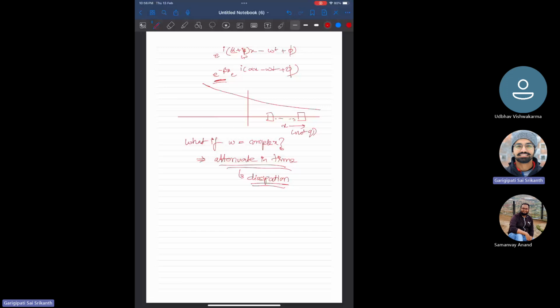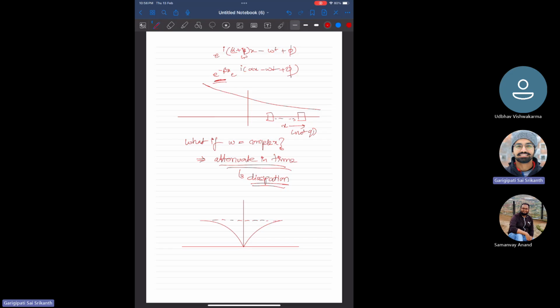So what we typically plot is this portion. Let's say this is the cutoff frequency, and this is the real axis.